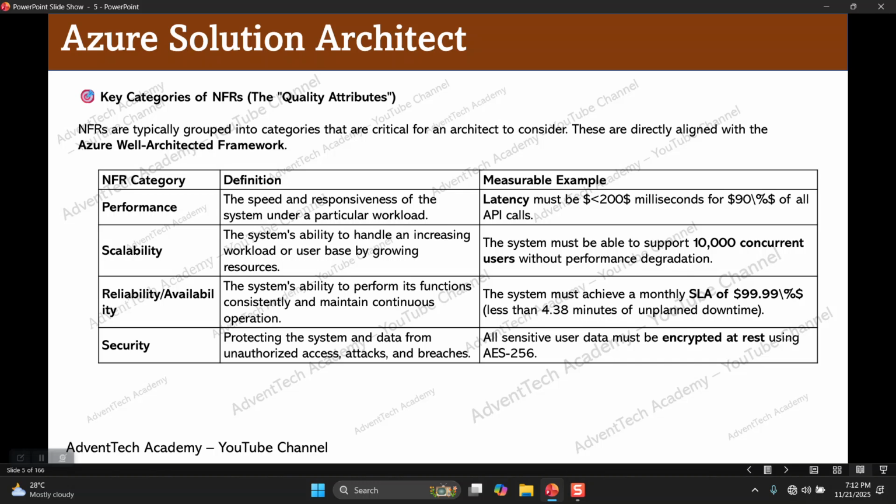That is reliability. So the system must achieve a monthly SLA of 99.99, four nines. That is less than 4.38 minutes of unplanned downtime. So reliability is a non-functional requirement.